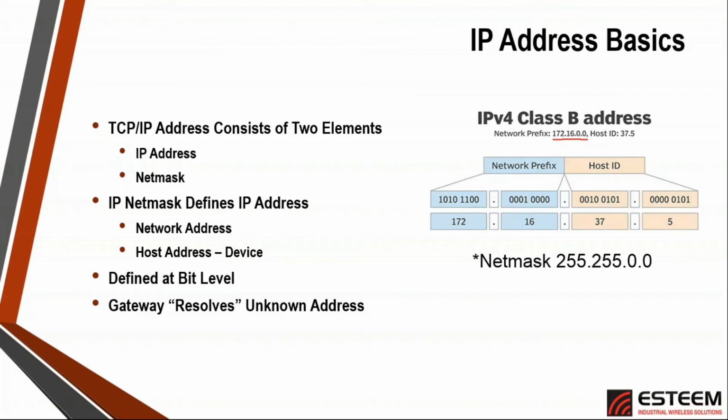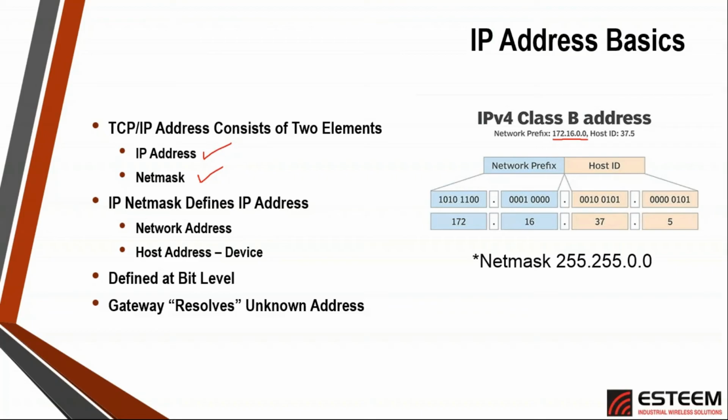It consists of two different elements, both the IP address and what's called the net mask. The net mask tells the computer how the IP address is broken down. The IP address really is broken into two parts, a network address and a host address, or the device address itself.